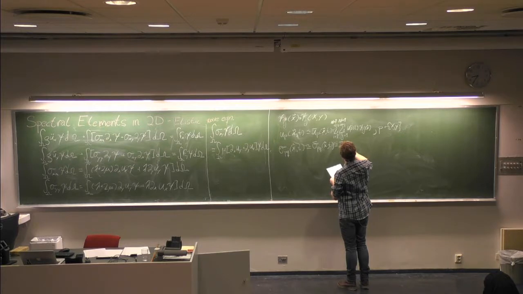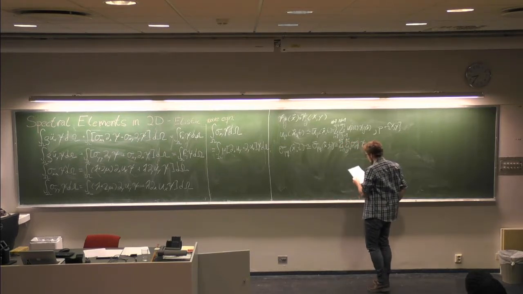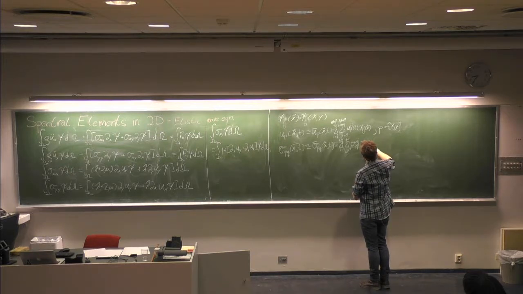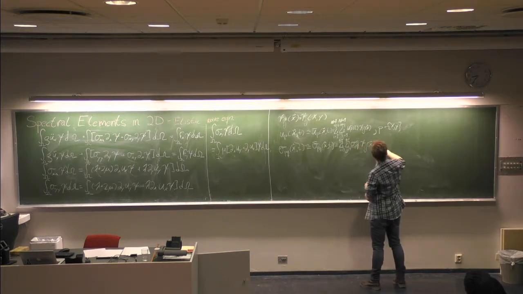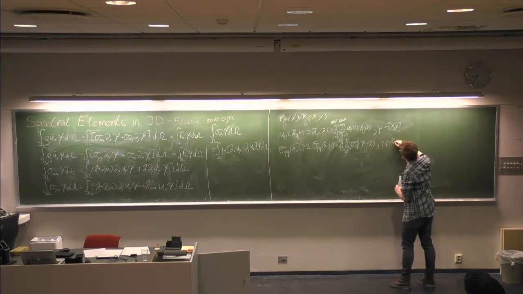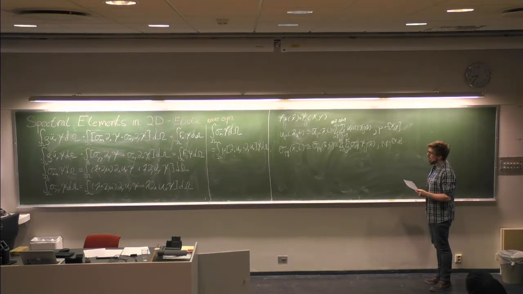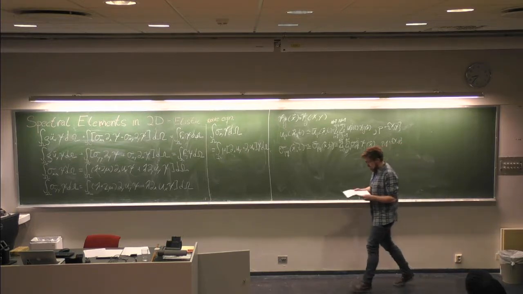Sigma P Q and J. Sigma IJ of X, where P and Q are X and Y. So then I think we have all the projections we need for this.